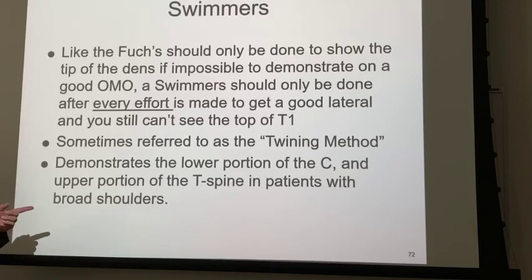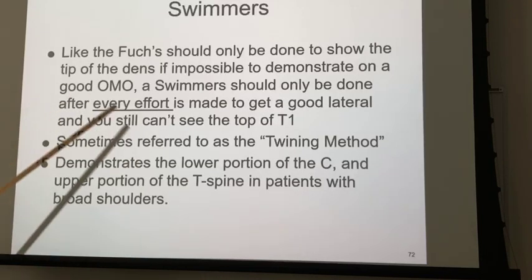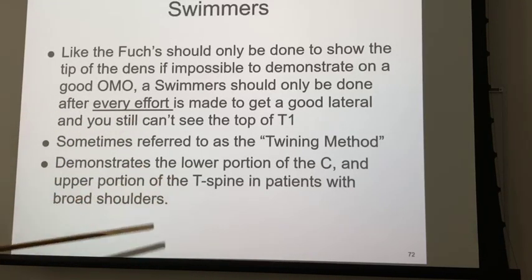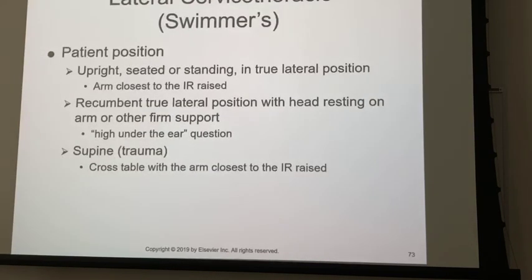But on a T-spine, you're always going to shoot a swimmers. The swimmers to a T-spine is what the open mouth odontoid is to the C-spine. Always do a swimmers with a T-spine. Only do a swimmers with a C-spine if you can't get C7, T1. Okay? So make every effort to get a good lateral all the way down to T1, and if you can't, then you're going to do your swimmers, or your twining method.